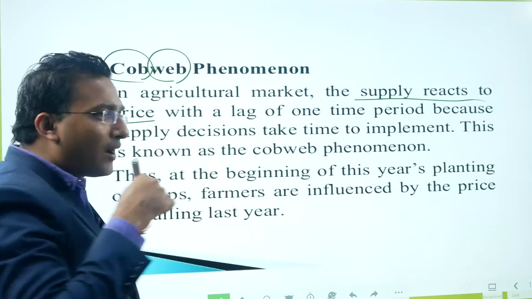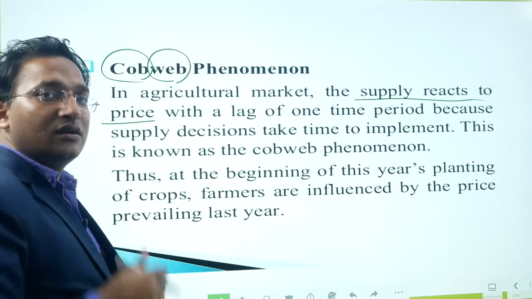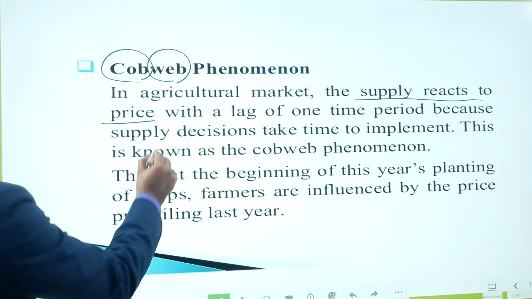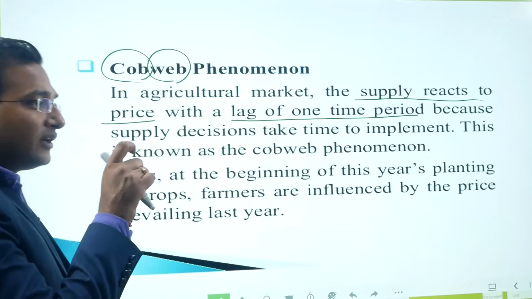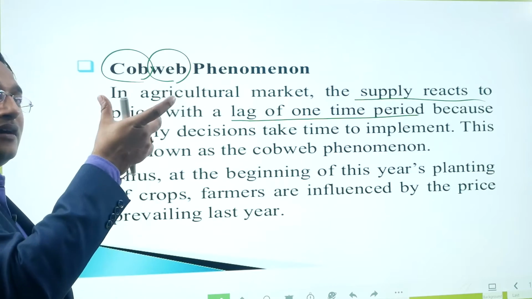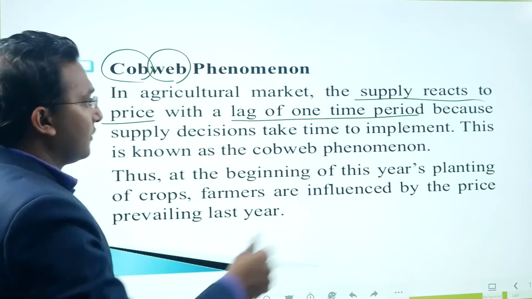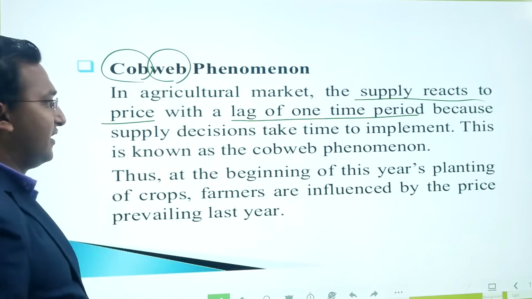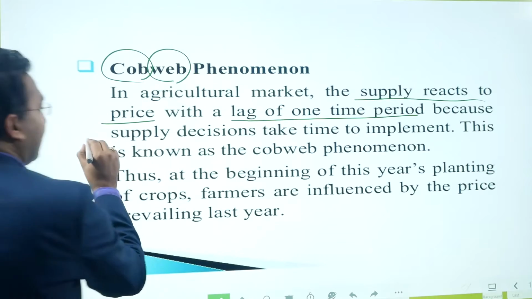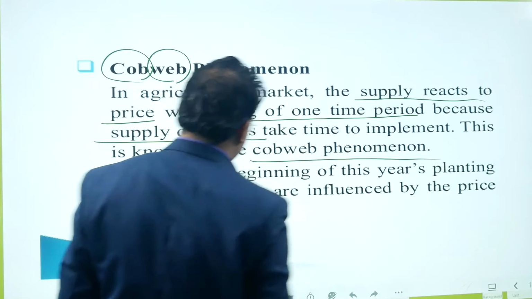Because the production decision is based upon the pricing prevailing in the previous marketing period with a lag of one time period. So we saw that if the price in the current year is high, the production in the next year will be high and price will come down. So a one year lag is there, because supply decisions take time to implement. This is known as Cobweb phenomenon.